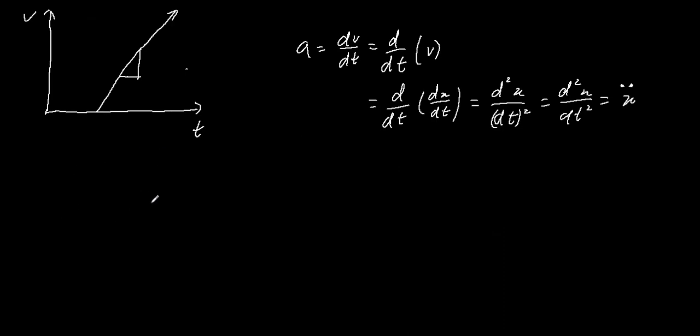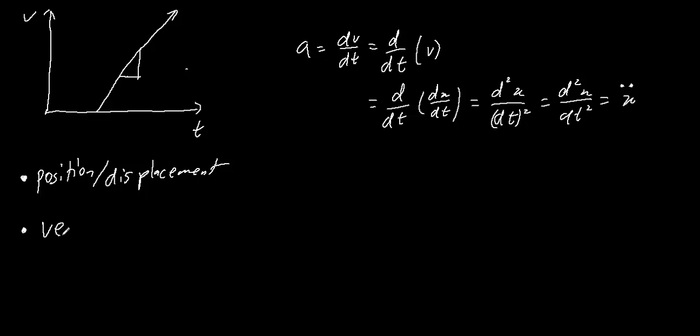Okay, so let's lay out the different levels. If I had a position, or displacement, that is how far objects have moved. Again, this is like a distance or displacement. That's my bottom level, even though I'm writing it on top.